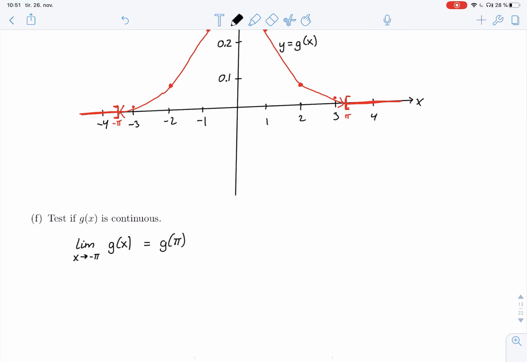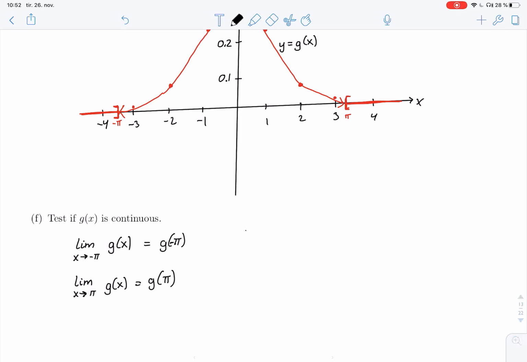And the same thing on the other side. Oh, sorry, there should be a minus sign there. Okay, so when we approach minus pi, it has to equal g of minus pi, and when we approach pi, it needs to equal the function g of pi.